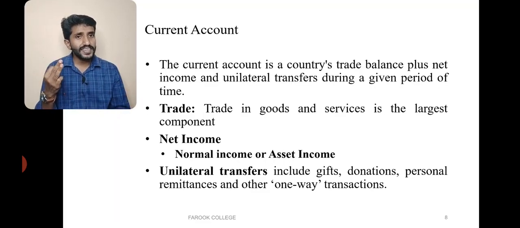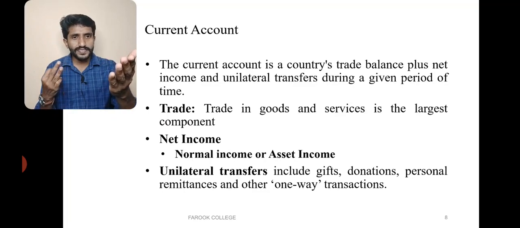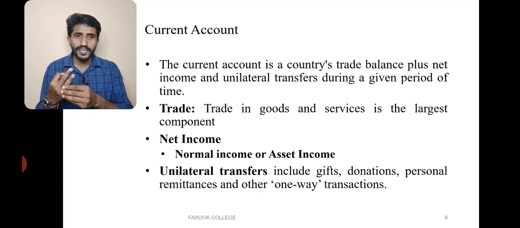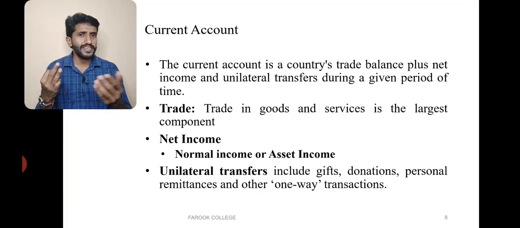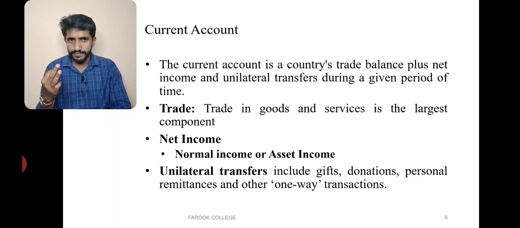Then secondly, net income. Net income can be normal income, like salary, or it can be asset income. Asset income means suppose we are making some kind of investment abroad.